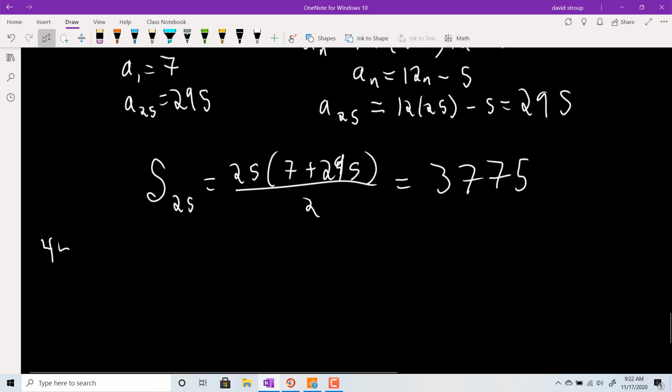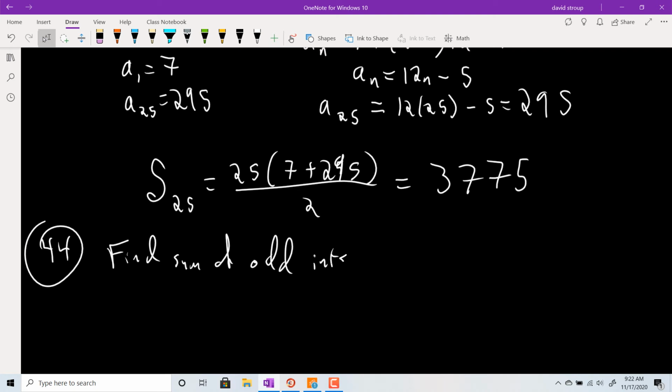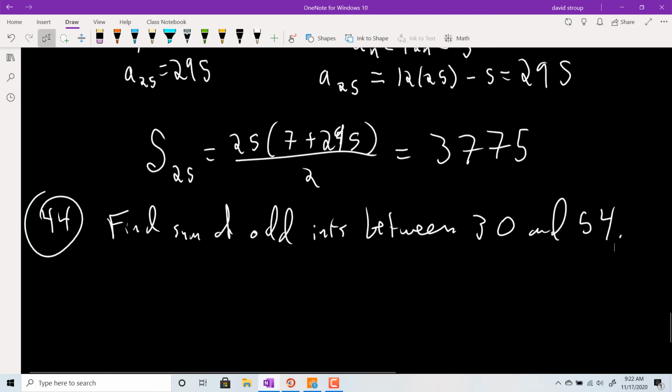So here's 44. Find the sum of the odd integers between 30 and 54. So this sequence, what is it?